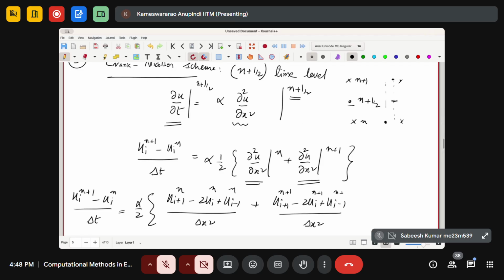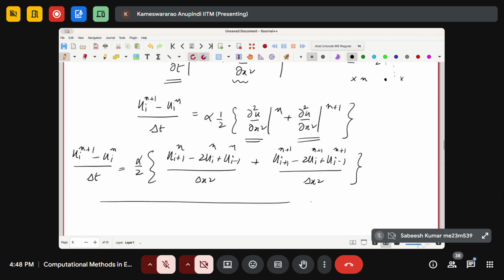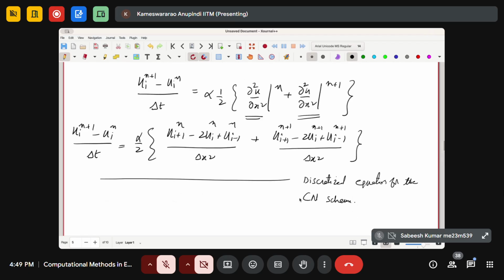Okay, so that is the discretized equation for the Crank-Nicolson scheme as applied to the solution of the one-dimensional transient heat conduction equation.